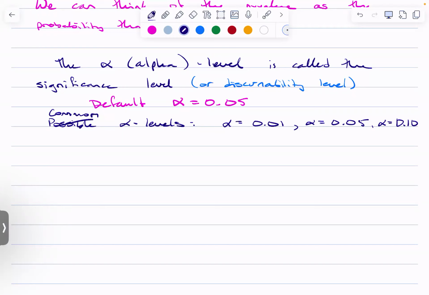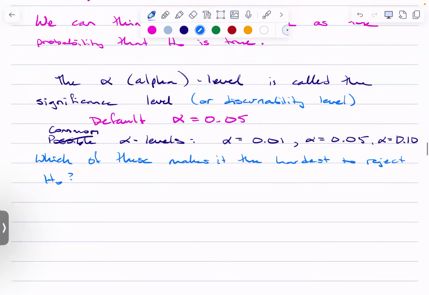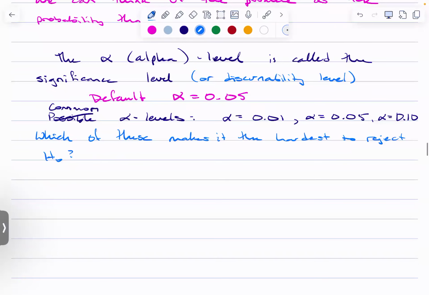Which one of these makes it the hardest to reject H naught? Let's draw it out.